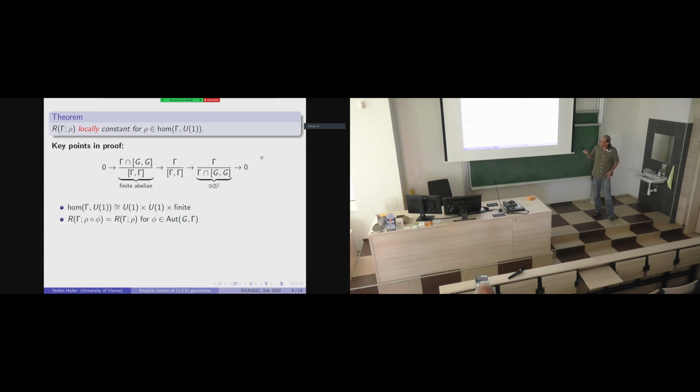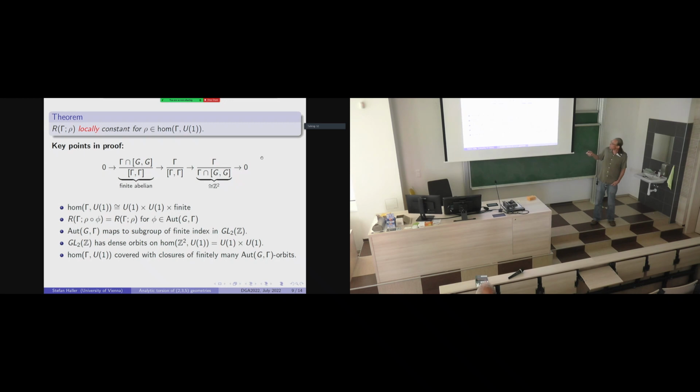And it turns out that this group of automorphisms is rather large. Any automorphism that preserves the lattice will induce an automorphism of Z^2. So this is going to give you an element in GL2 of Z. And one can show by analyzing lattices in this particular Lie group that the image of the automorphisms in GL2(Z) is a subgroup of finite index.